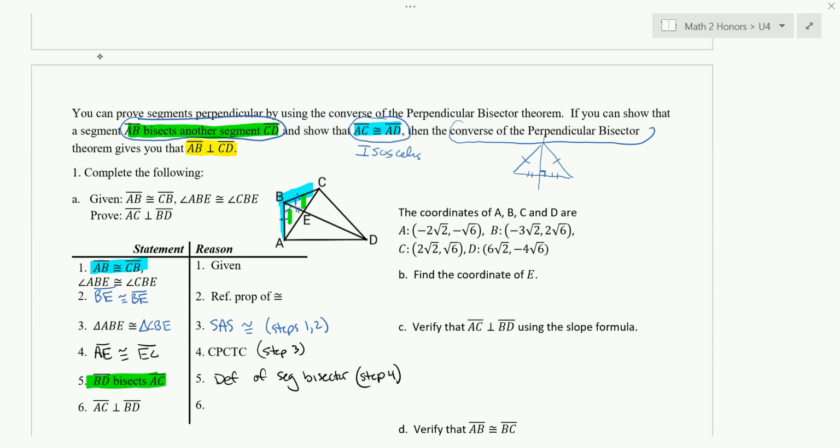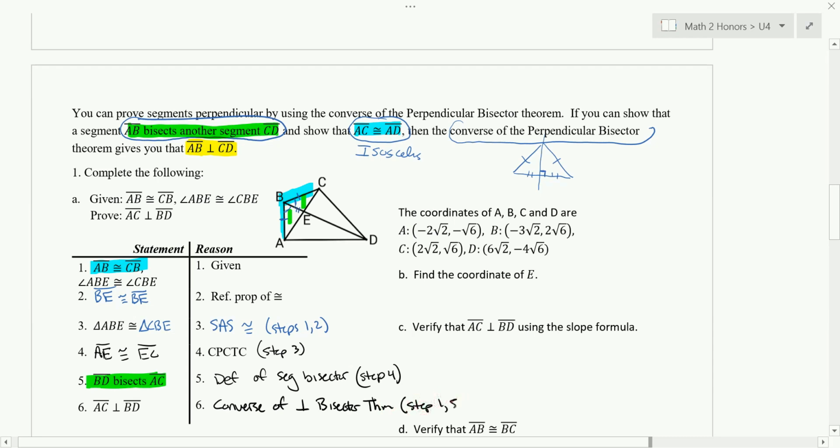So we're going to say converse of perpendicular bisector theorem, and that's relying on what we highlighted, step 1 and step 5. That's what we're practicing, and all 4 proofs here are of that flavor.